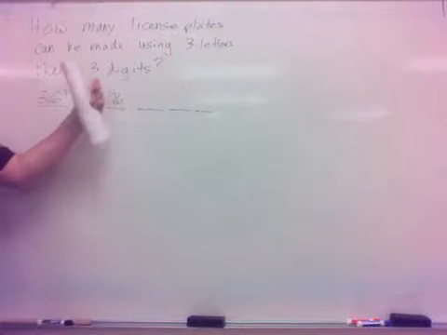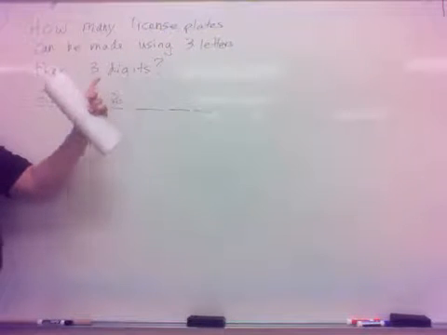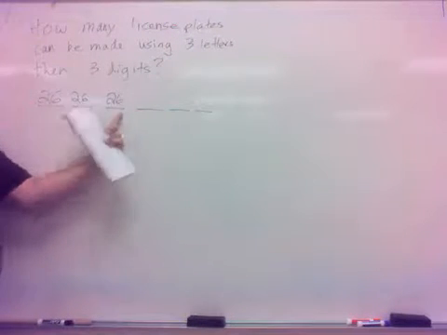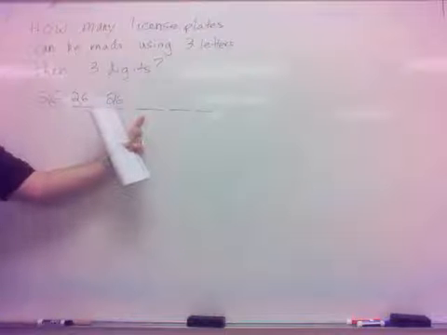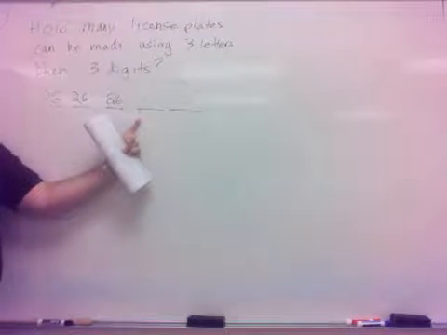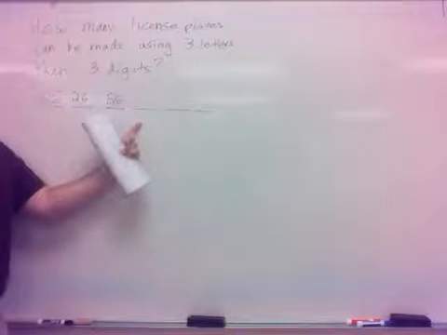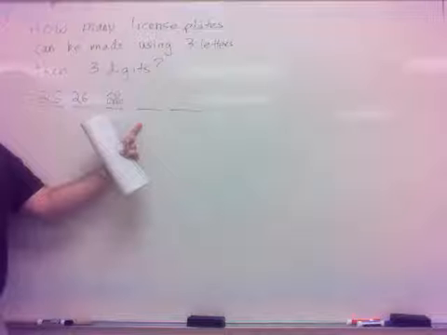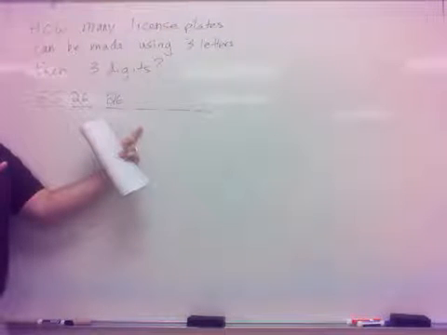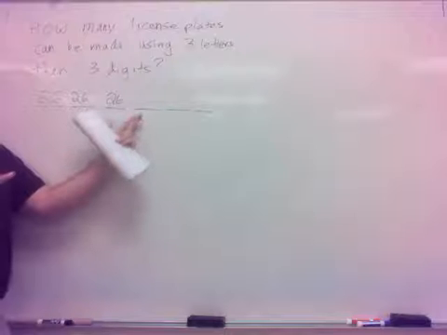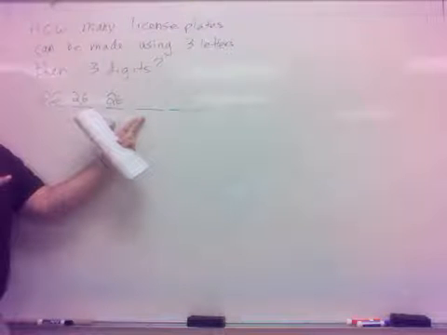Now what about the digits? This is the first digit. Usually we say the first digit can't be 0, but in a license plate, can the first digit be 0? Yeah, in a license plate you can have the first digit be 0. So how many digits does that make for the first blank?